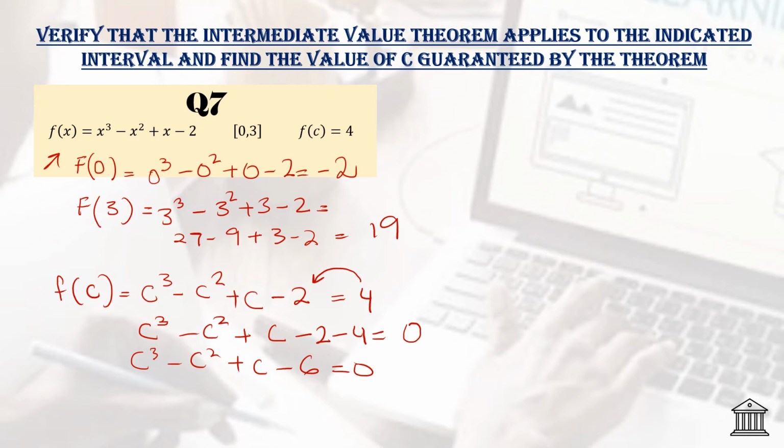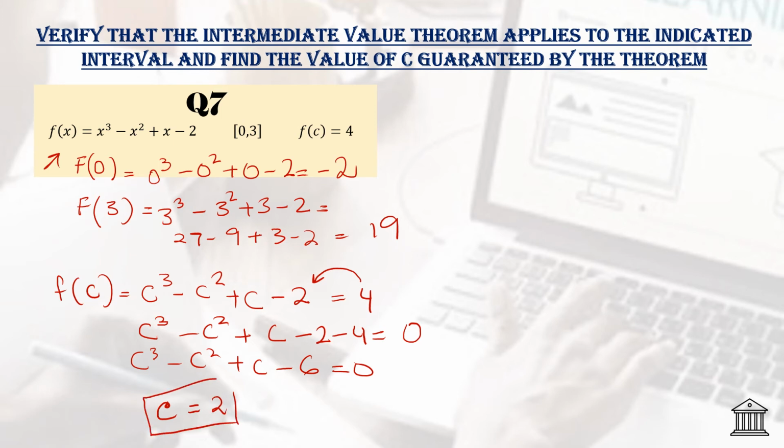I will go to the equations, to factor the polynomial of degree 3, and I will enter 1, negative 1, positive 1 and negative 6 to get the values, and you will see that I get c equals positive 2 as my answer.